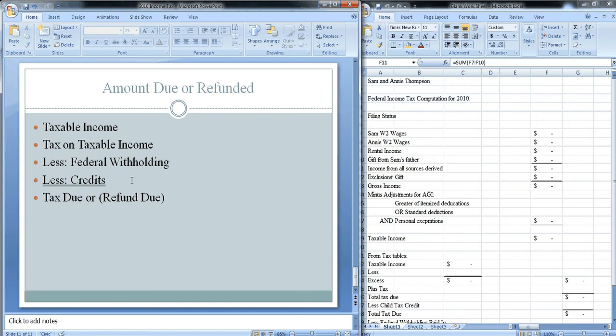Okay, and then you subtract your federal withholdings from the tax that is due from the taxable income, and then you can subtract the credits, and the credits were the child tax credit and the making work pay credit. Alright, and then that's going to equal your tax due or your refund due, how much you overpaid.